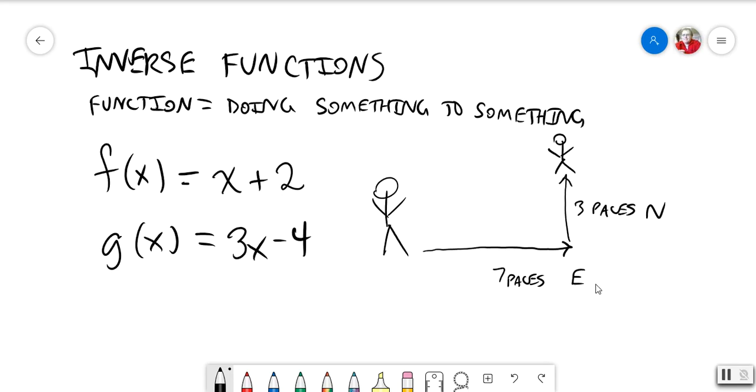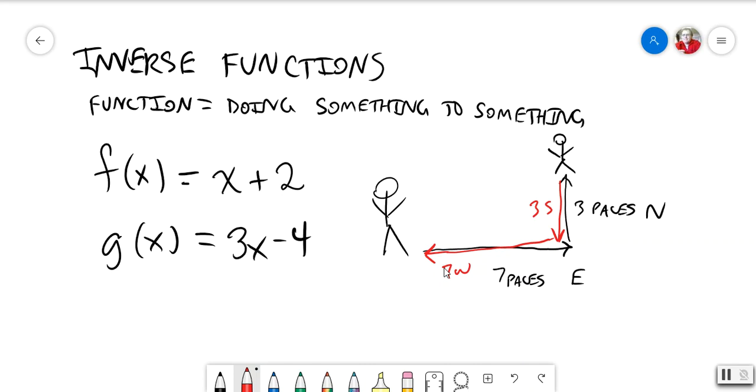Well, I went 7 east and 3 north. How do I undo that? I go 3 south, which undoes the north, and 7 west. I just do the opposite. I go back to where I started from. So my net travel is 0. Now I have walked 7, 3, 3, 7, so altogether I've walked 20 paces. But the net, in other words how it ends up, is as if I had stayed still.